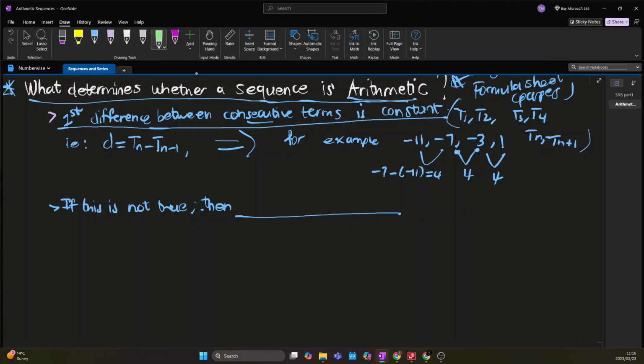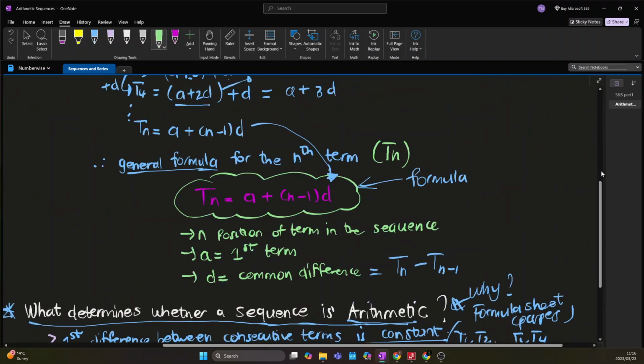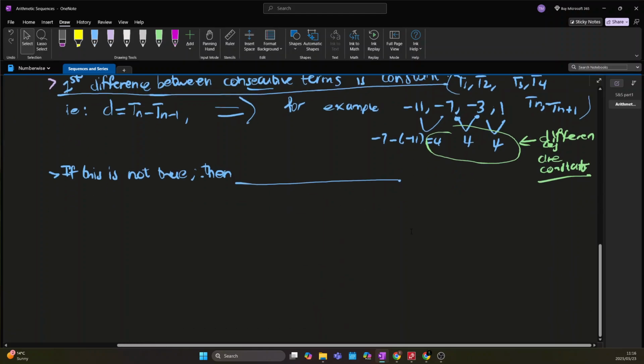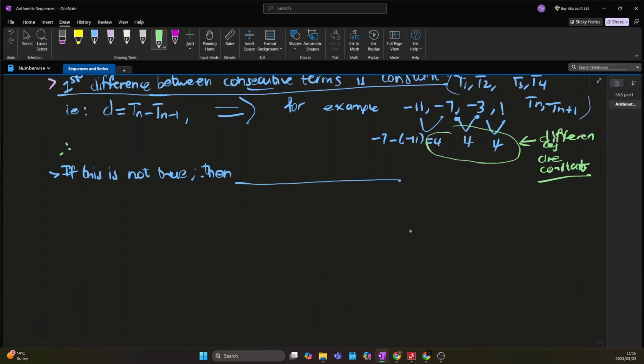What we can see here is that all these differences are constant. So if we have constant differences, then our sequence is arithmetic.